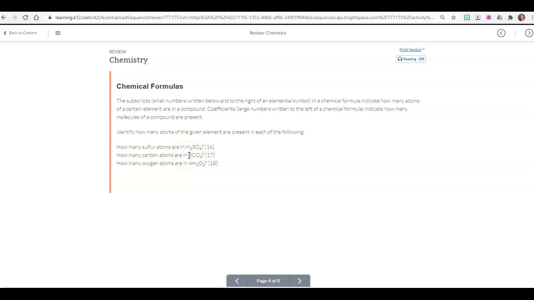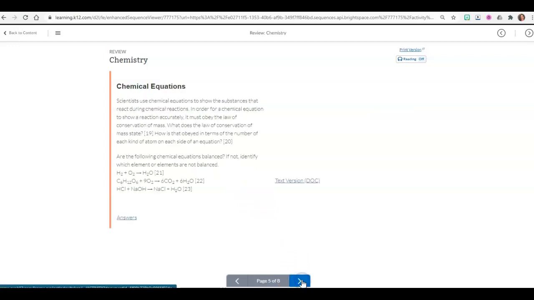So there are 3 carbon atoms. And then how many oxygen atoms are in this compound? You're looking at 4. There are 4 of this H2O2 molecule. So if we multiply that across, 4 times 2 is 8. And so there are 8 oxygen atoms. So that is how you get those.